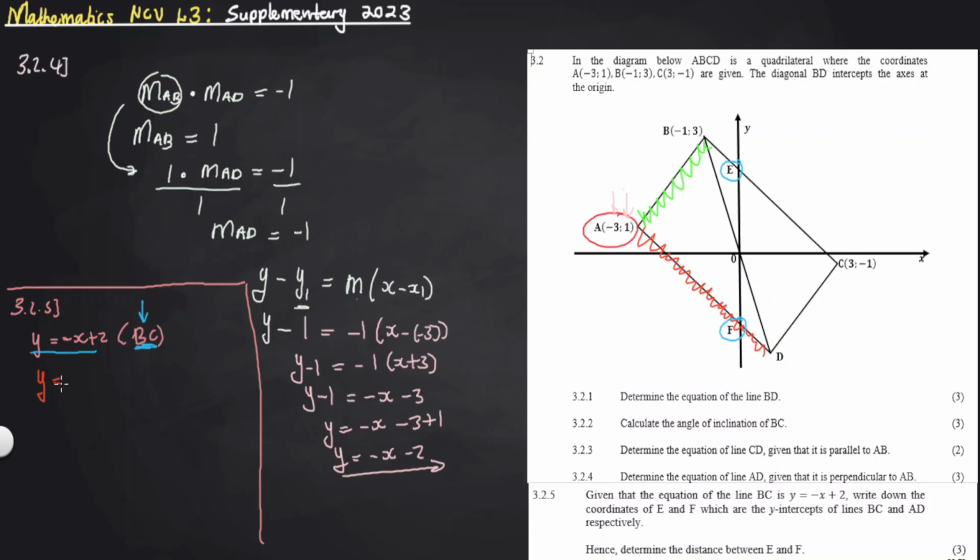The other equation, the one we just calculated, represents line AD. From the sketch, we can see that F is the y-intercept for line AD, this red line. And for BC, they want us to write the coordinates for E, which is the y-intercept for BC.